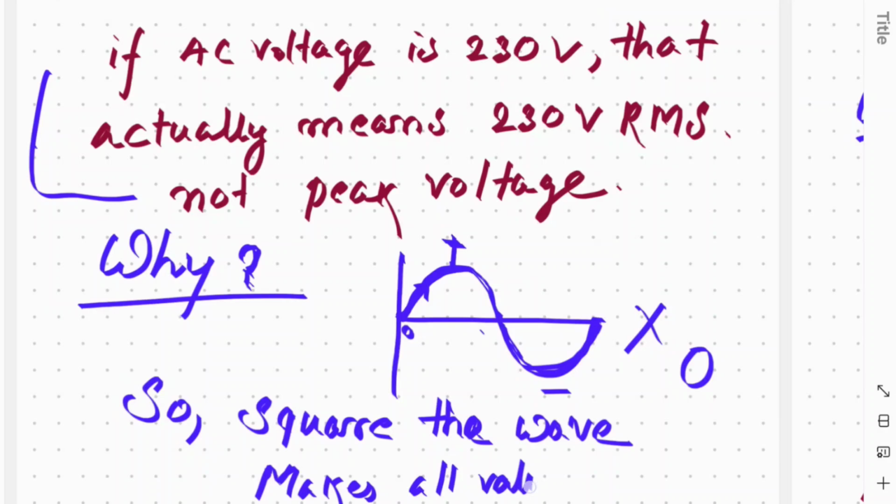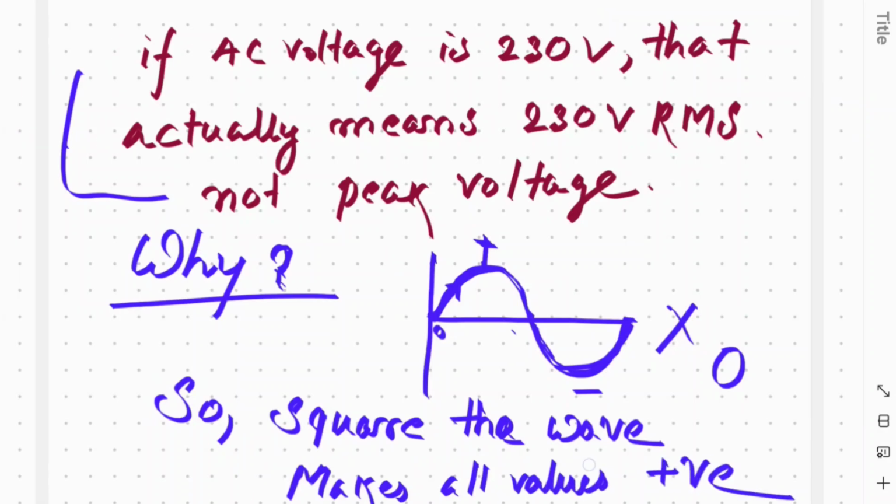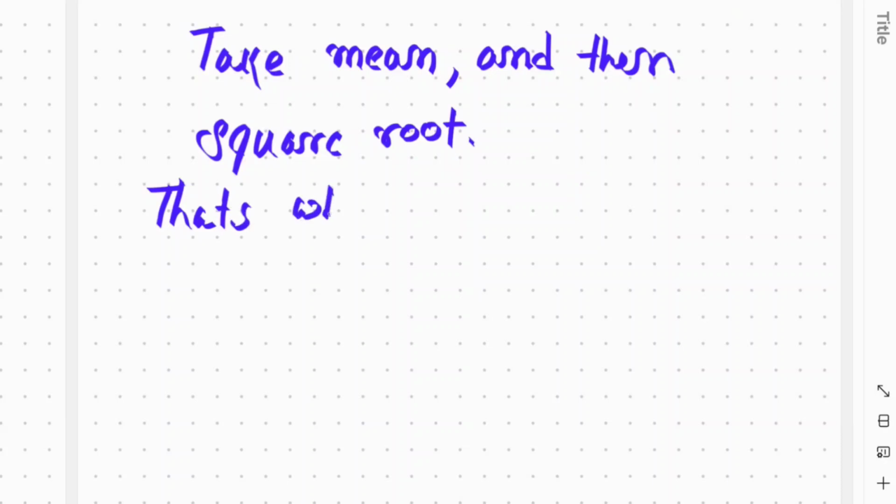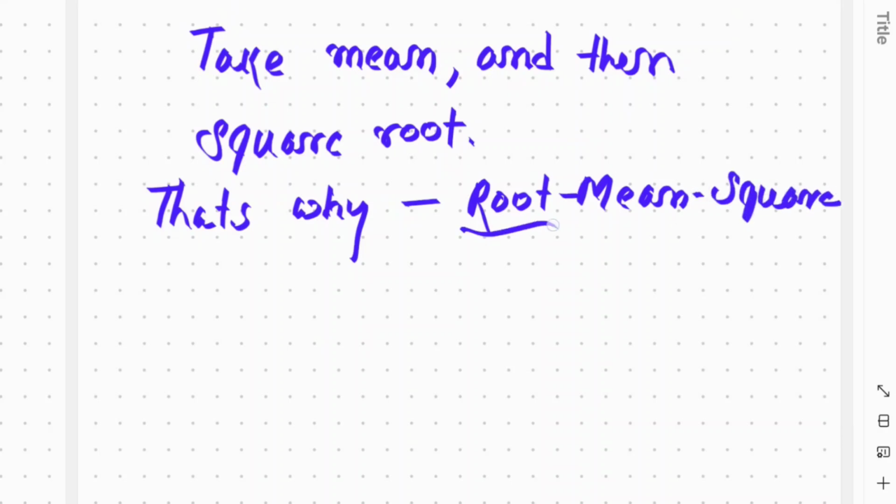Then take the mean, and then the square root. That's why the name is root mean square. So this is the RMS value.